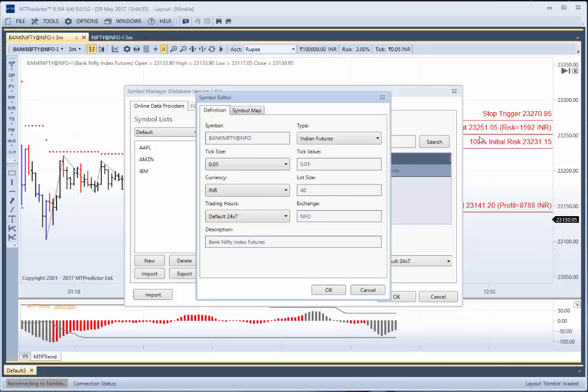So our position sizing will be done in multiples of 40. If this is changed by the exchange in the future, you can edit this and it will take account of that. It means you don't get any odd number of shares or contracts to trade. They're always in the correct lot size for that particular market. That just makes it easier for doing the position sizing and placing your trades for your Indian futures.